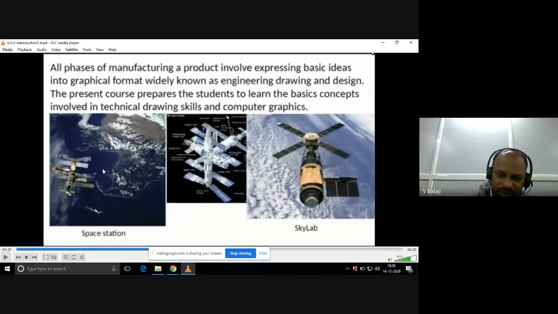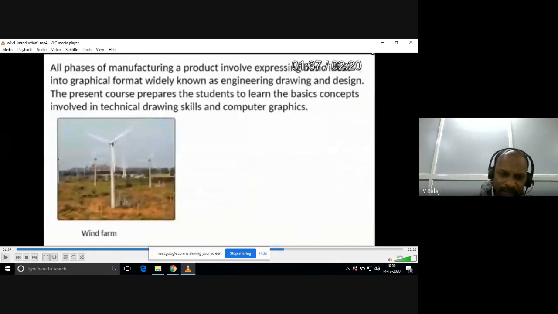These are some applications: Skylab, space station, wind farm. There is a pillar type, and there are blades; everything you need to design and manufacture with the help of the drawings we have prepared. I hope you have understood.